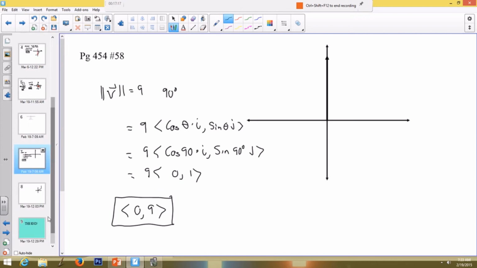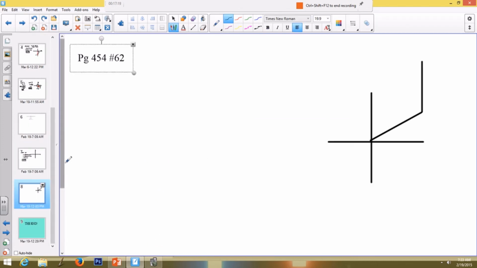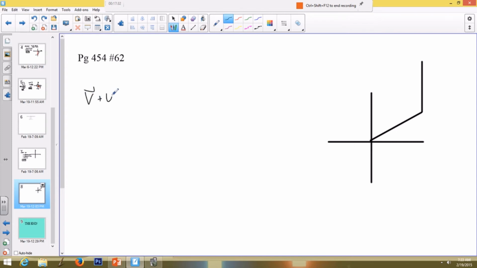All right, last one. I think I can get it done here. Number 62. Essentially what it says is find the component form of the sum of u with v in those two vectors. So we're trying to find v plus u.